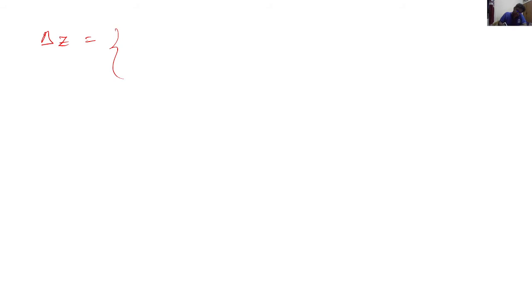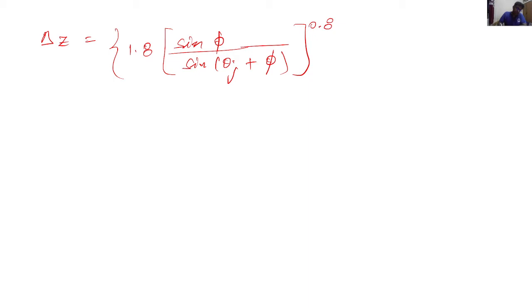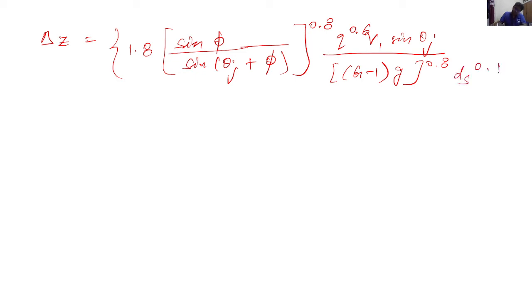So the expression is 1.8 times (sine phi by sine (theta j plus phi)) power 0.8 times q to the power 0.6 times v1 sine theta j by ((specific gravity minus 1) times g) power 0.8 times ds, the sediment diameter, power 0.4, minus dp.